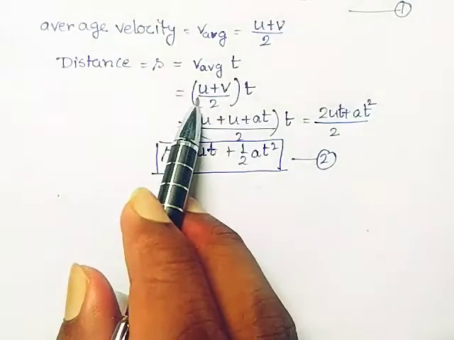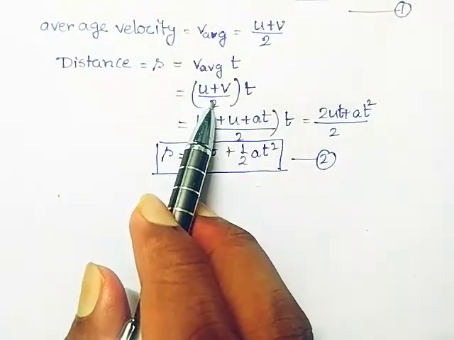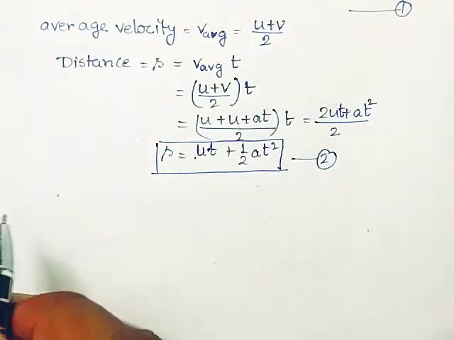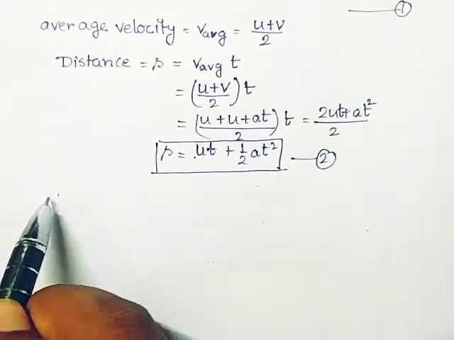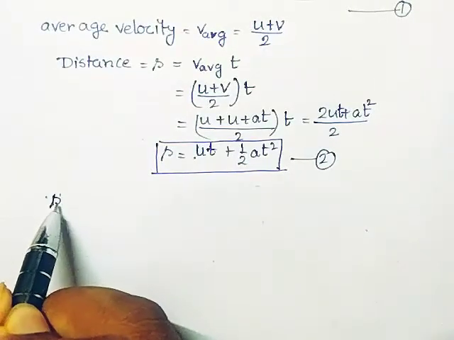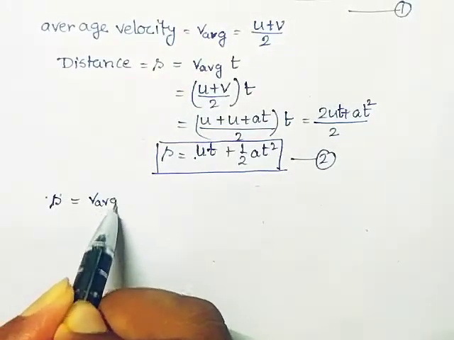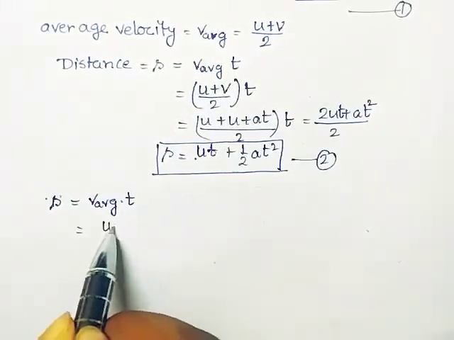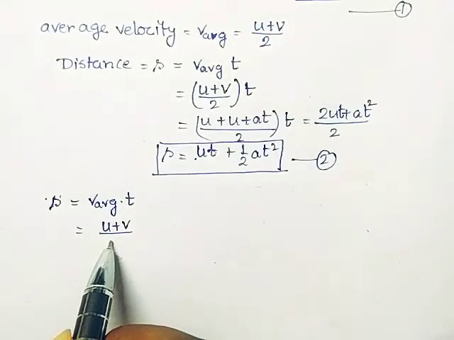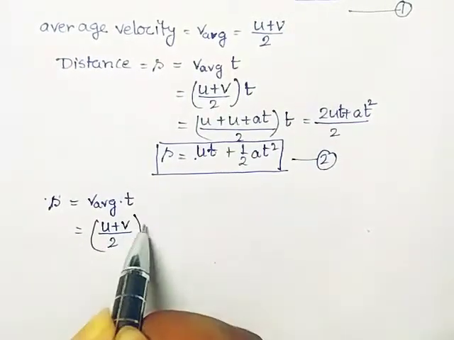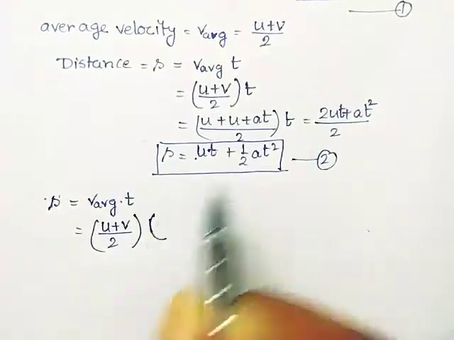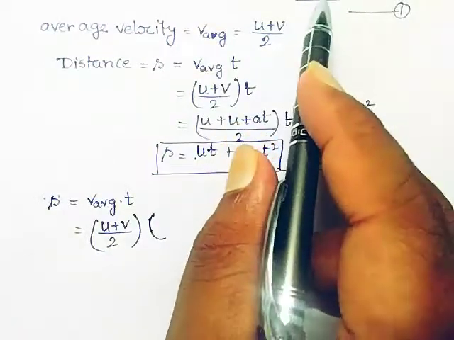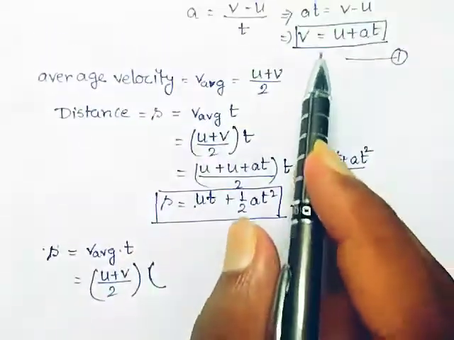Here, in finding the distance from the average velocity, we replaced the final velocity by u + at. But if I calculate in a different way, that is, if s is the distance and it is v average into time, then it will be (u + v)/2 into t, and this t can be replaced from the equation v = u + at.